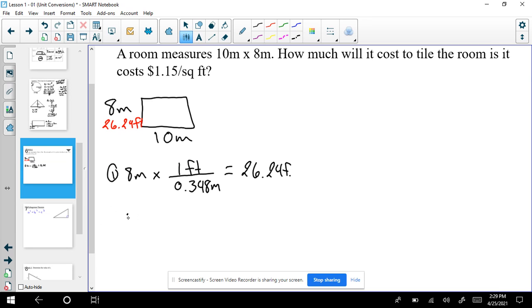So I would go 10 meters times 1 foot over 0.3048 meters equals, and we get 32.8 feet. I guess I should put a T on the end. And so then I would write this side, so 10 meters is also 32.8 feet. And this will allow us to figure out the cost a lot easier.